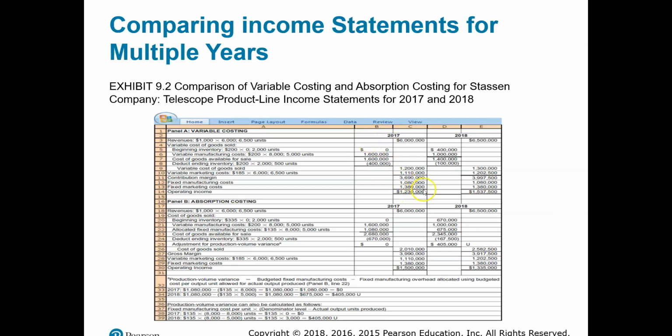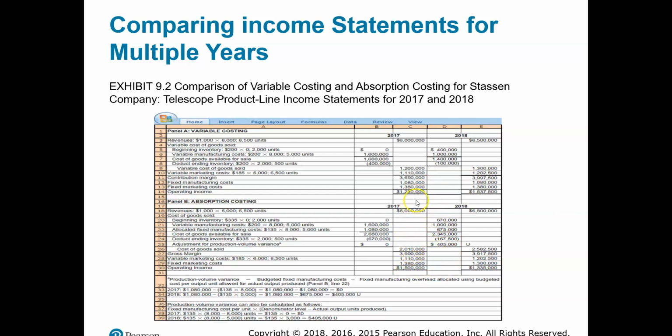So although we had a difference in operating income in 2017 between variable and absorption costing, we had variable costing operating income of $1,230,000. Operating income under absorption costing was $1,500,000. So we had a difference there.